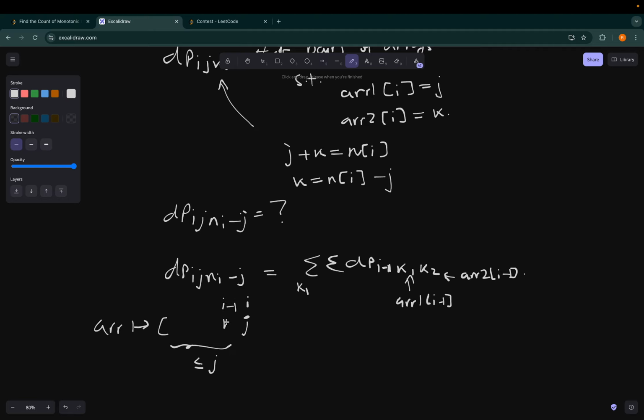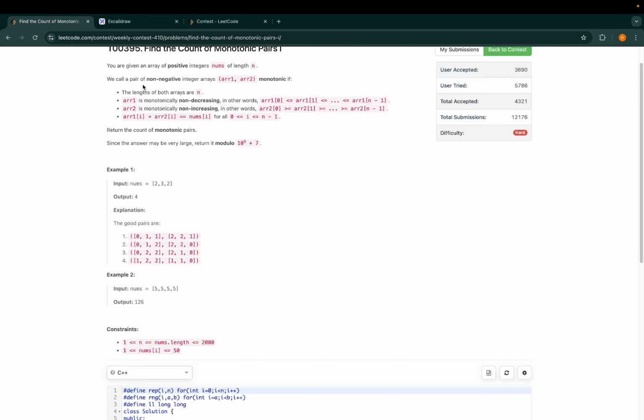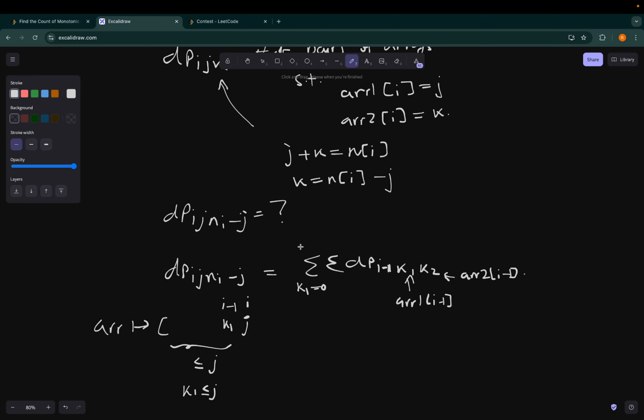Here you put k1. So your k1 is also less than or equal to j, right? So that's what you will do here. k1 would go from 0, because the smallest number possible is non-negative, which is 0, and it will go up till j.